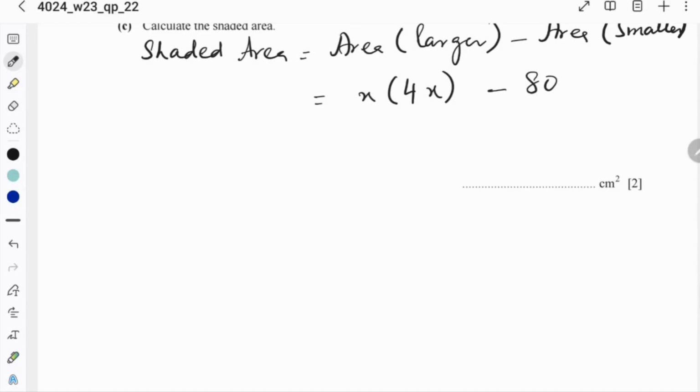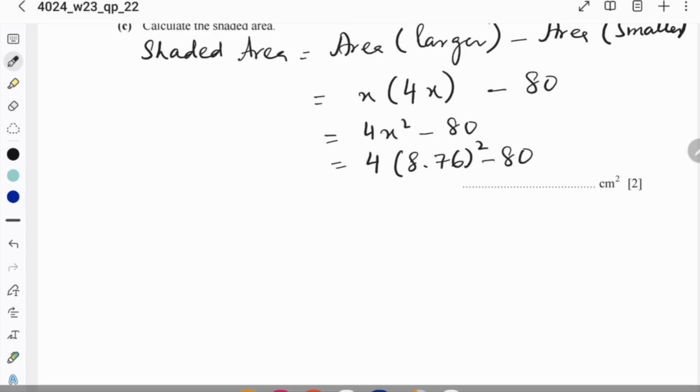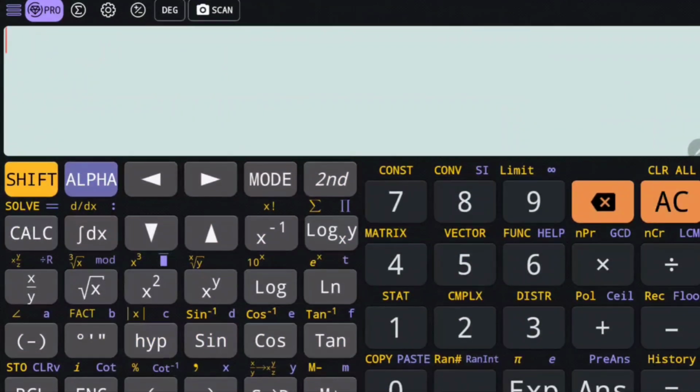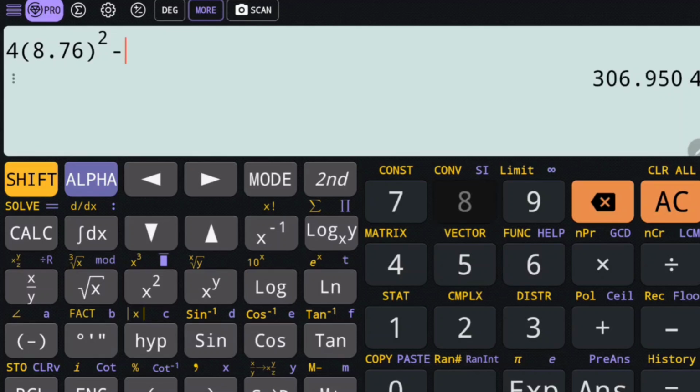Substitute 8.76 in place of x. 4x square minus 80 equals 4 times 8.76 square minus 80.